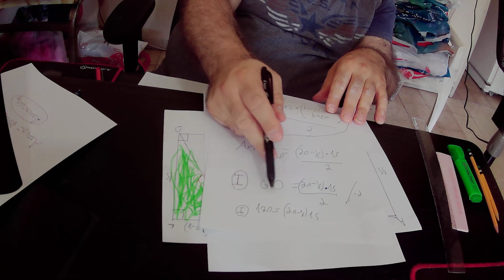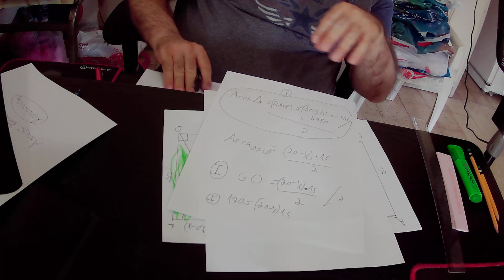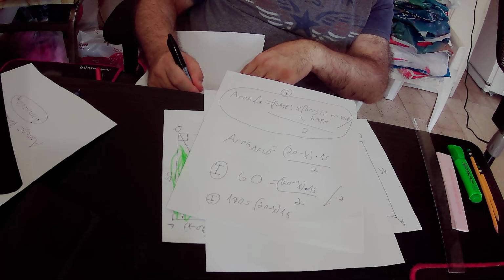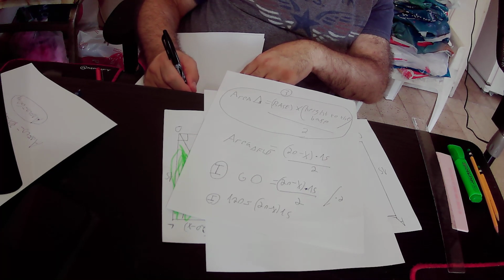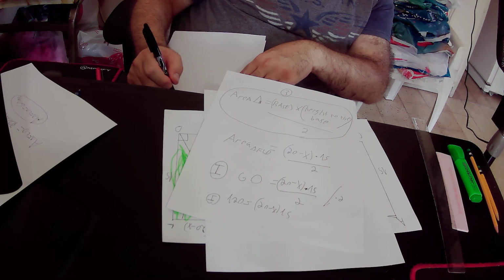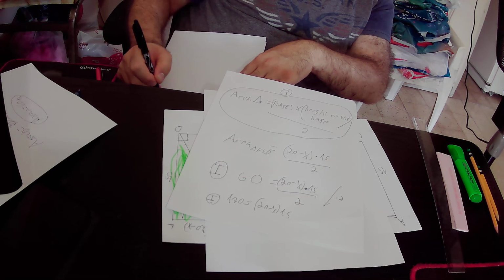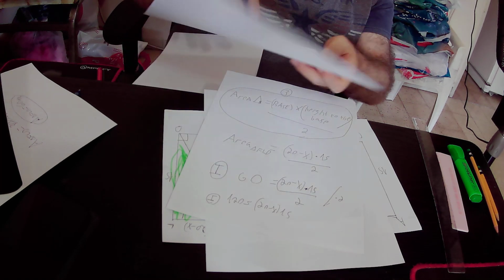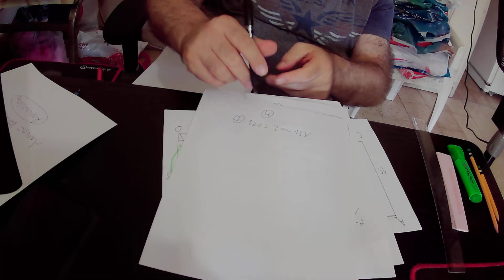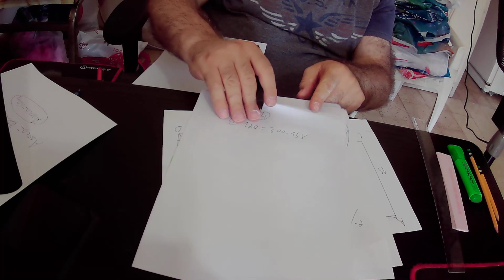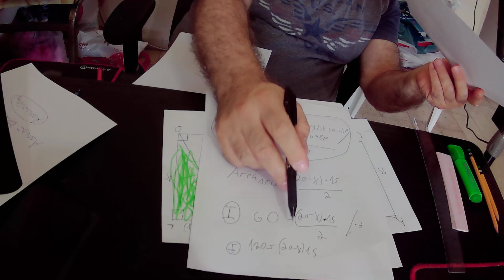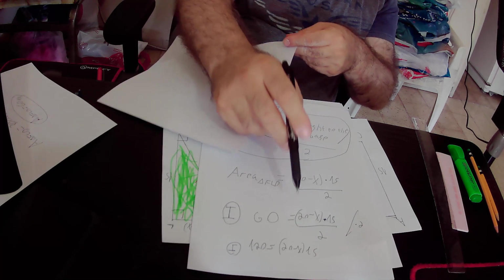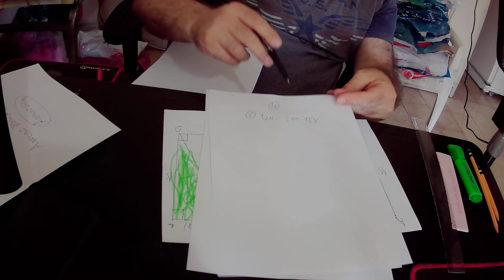Now we open the brackets in equation number 1. 20 times 15 is 300, and x times 15 is 15x.